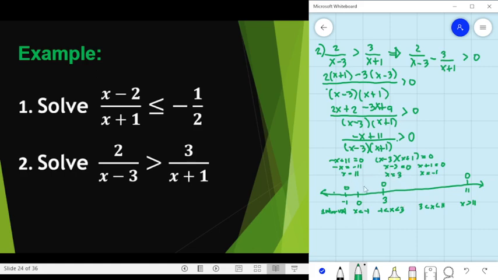Since there are 3 critical values, the real number line is divided into 4 parts.